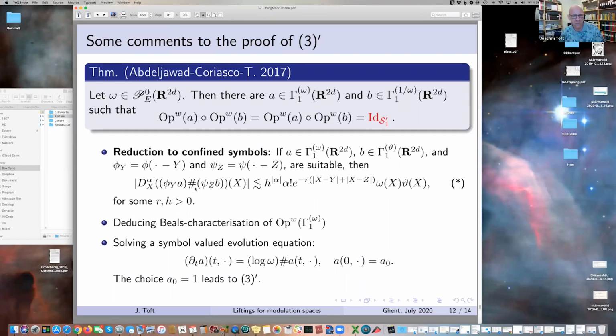And this is the bound. So this actually shows that if y and z are very far away from each other, then this factor here becomes very small.